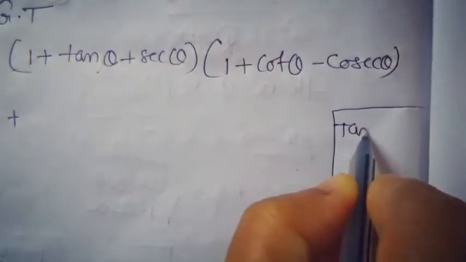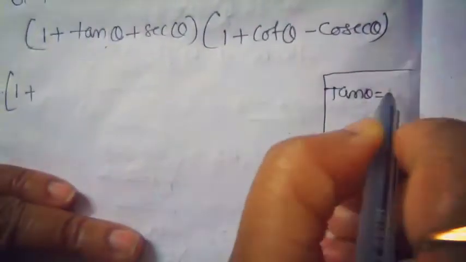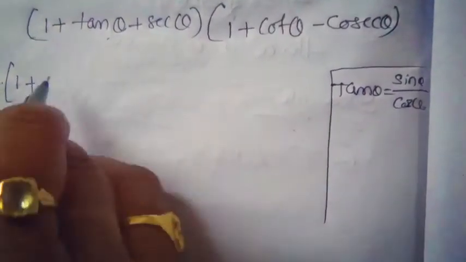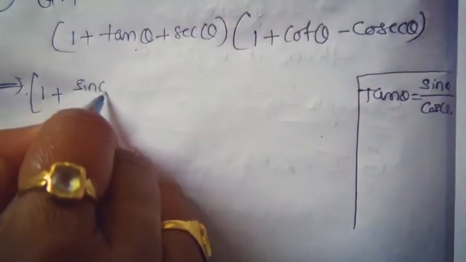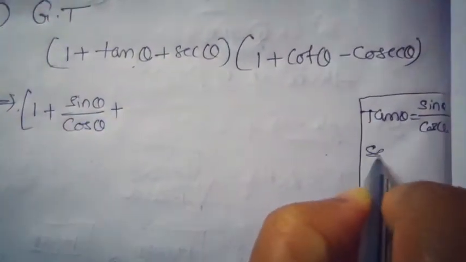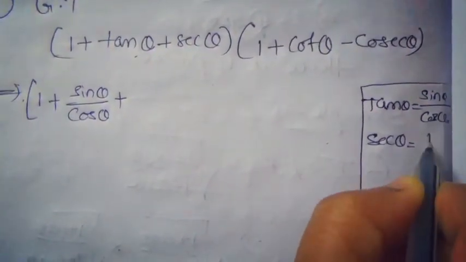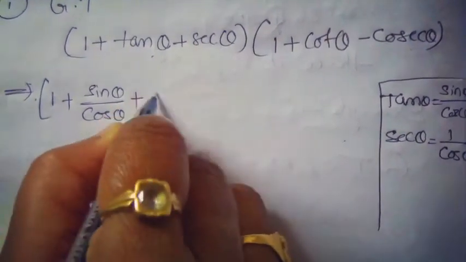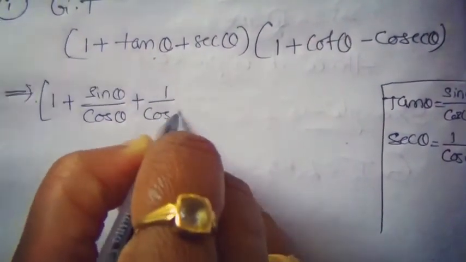Tan theta is equal to sin theta by cos theta. Initial formulas: sin theta by cos theta plus secant theta, which is the reciprocal of cos, means 1 by cos theta. So in the place of secant theta I am writing 1 by cos theta.